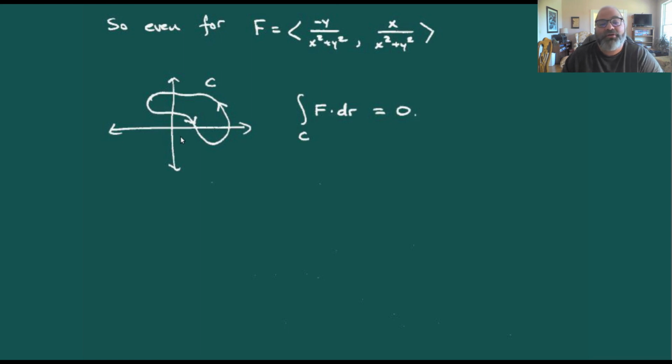We can work out those fine details, and the only place that really matters is that we're not going around the origin. In that case, our vector field is going to be conservative. We've got a potential function. Everything in this region we can shrink down to a point. We've avoided our problem point, and so the integral over C in that case is going to be 0.